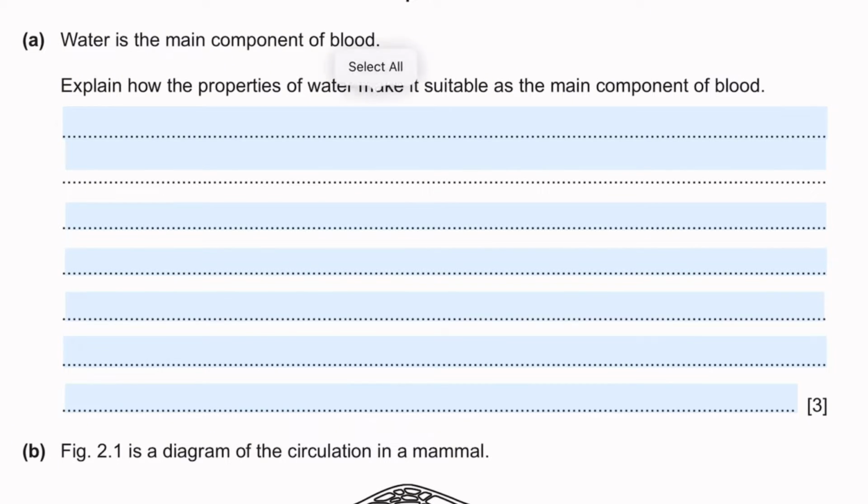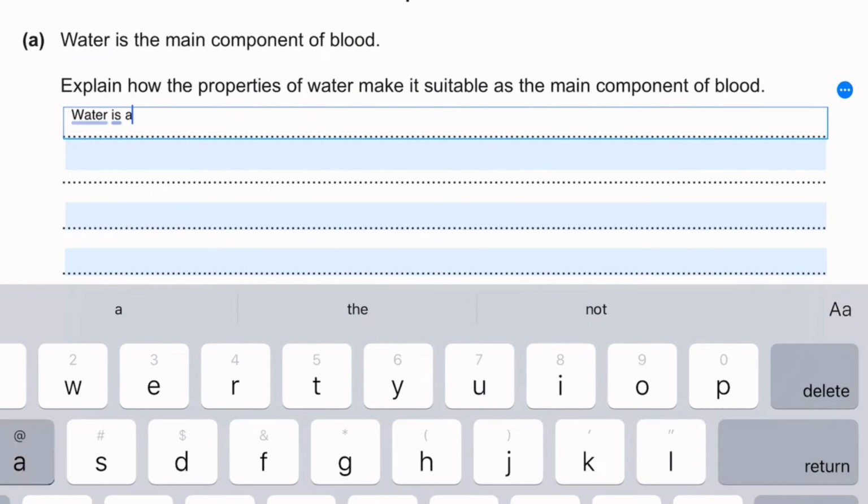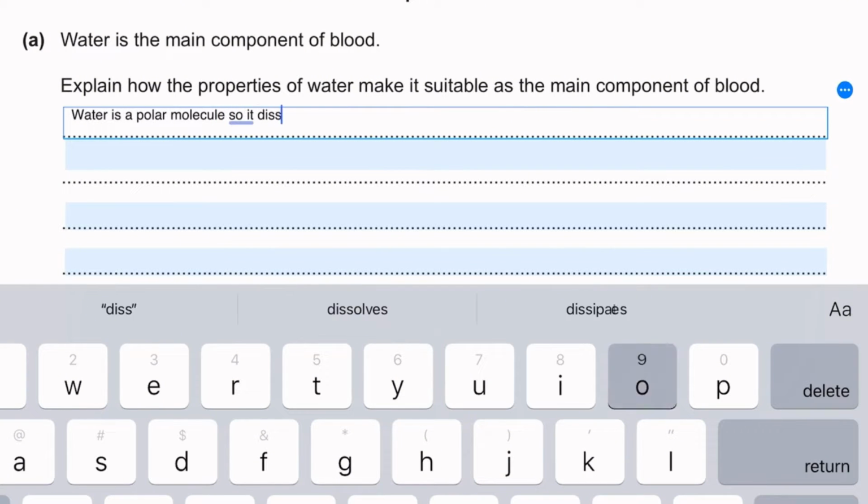So let's go ahead and do this. Water is a polar molecule, so it dissolves polar molecules.